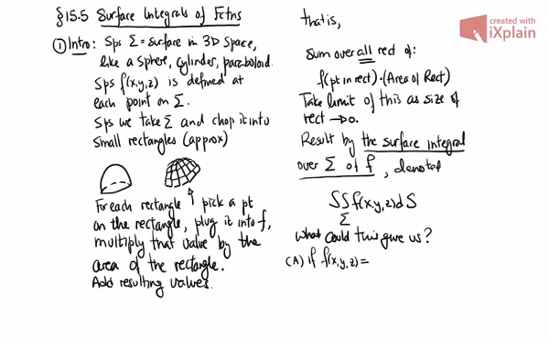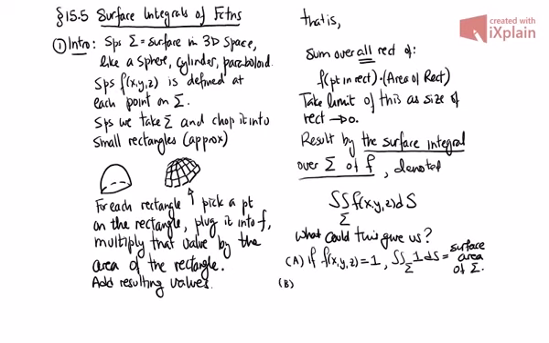We multiply it by the area of the rectangle, that gives us the area of the rectangle, and then we take the limit as the size of the rectangles goes to 0. So we have smaller and smaller rectangles, but more of them, and the eventual result is the surface area of sigma. So if f is 1, then this integral, dS, is the surface area of sigma.